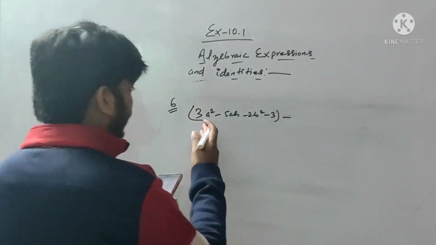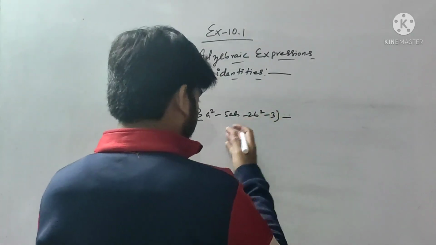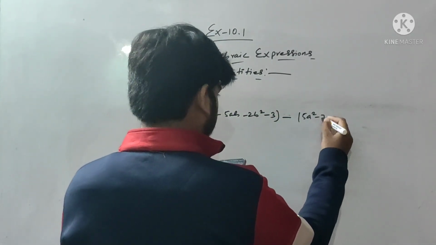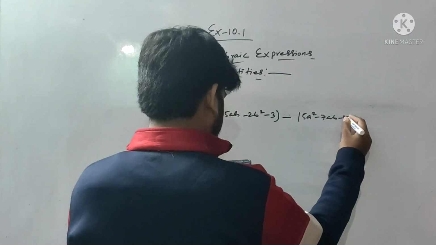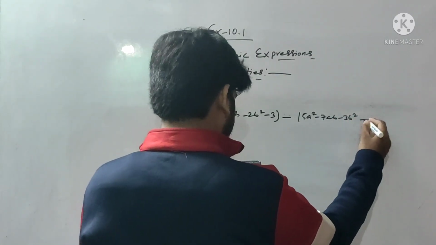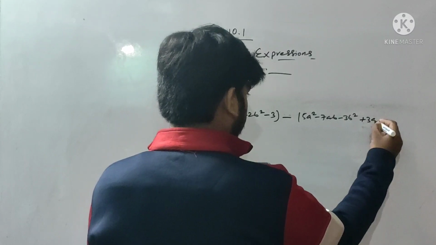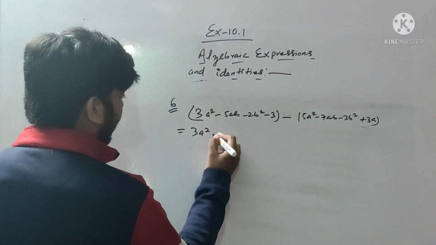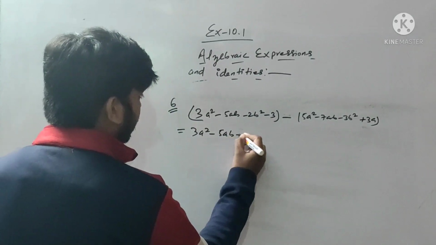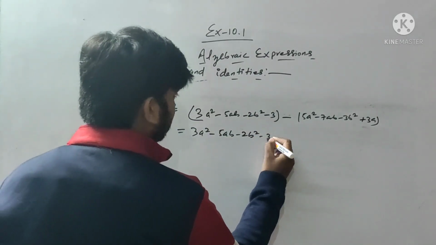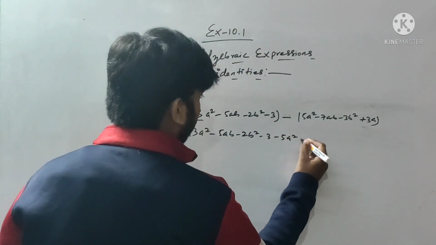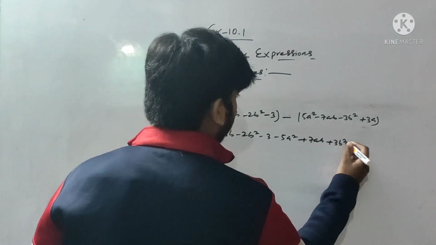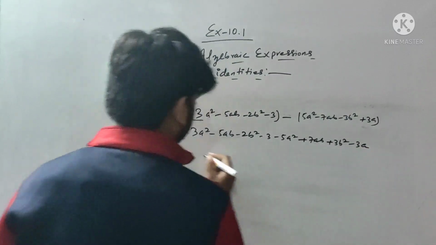So we will do directly here, this minus 5a square minus 7ab minus 3b square plus 3a. Now we will do the solution. So it will be 3a square minus 5ab minus 2b square minus 3 minus 5a square plus 7ab plus 3b square minus 3a.